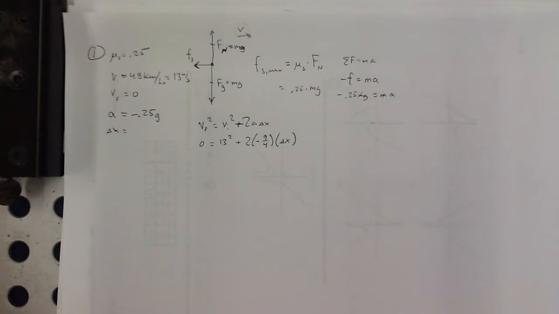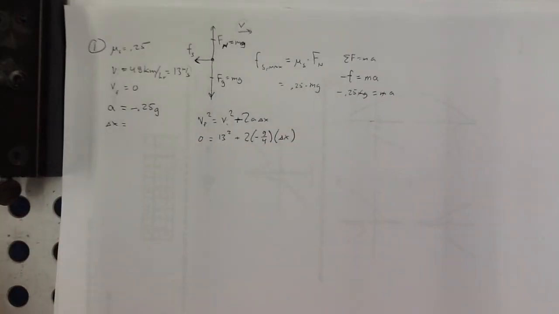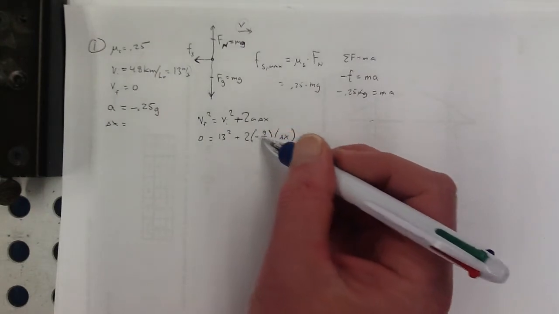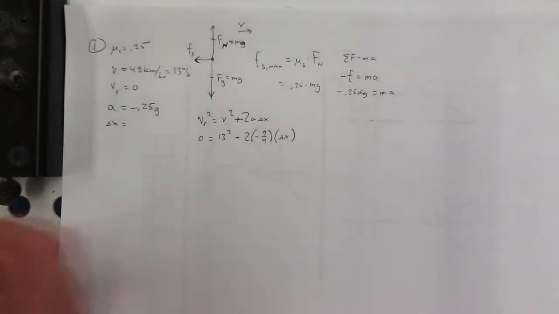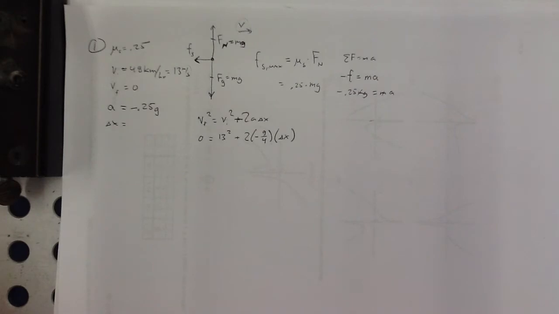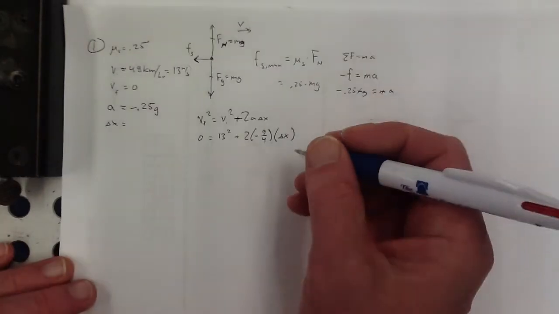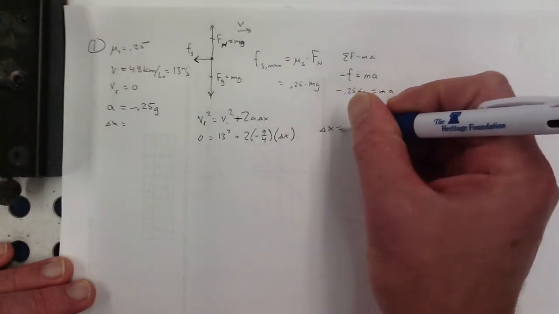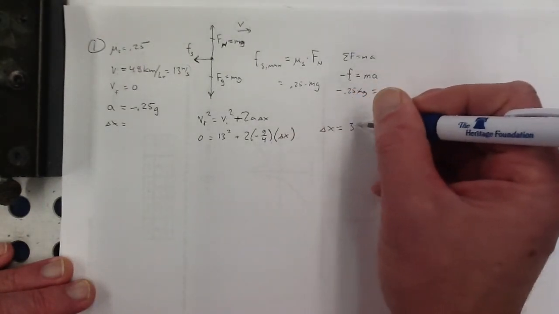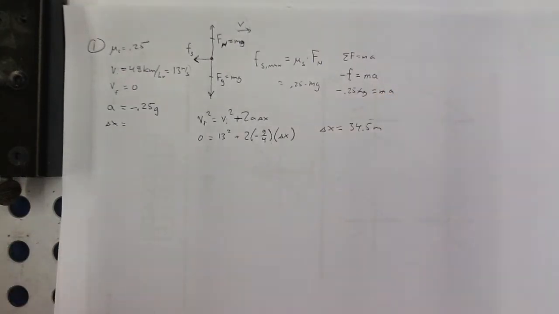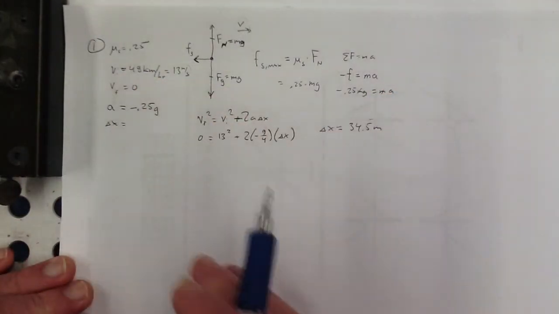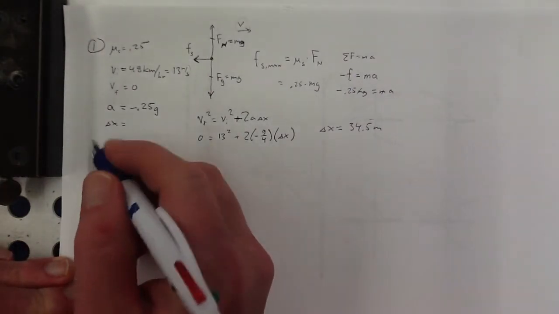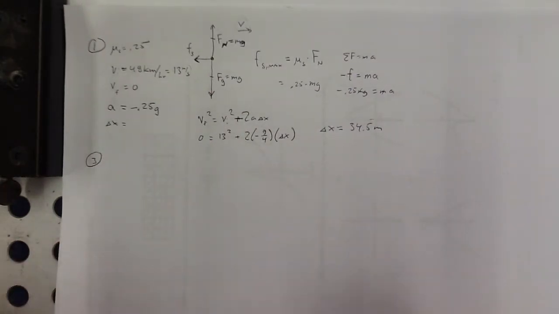Need to do 169, and then I'm going to be dividing by g over 2, which is 4.9. There we go. And delta x is about 34.5 meters. The book, they have 36 meters. They treated their sig figs a little different than I did. So that's the reason for that discrepancy.